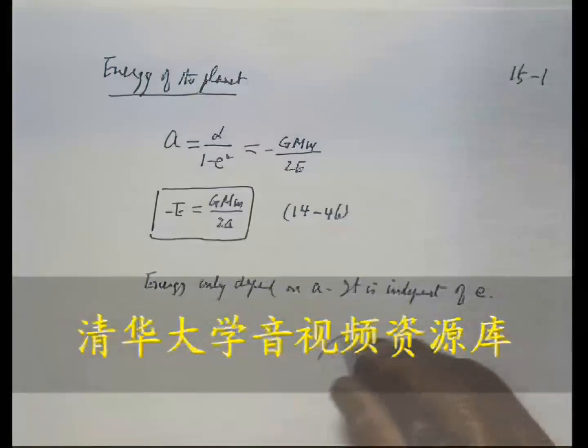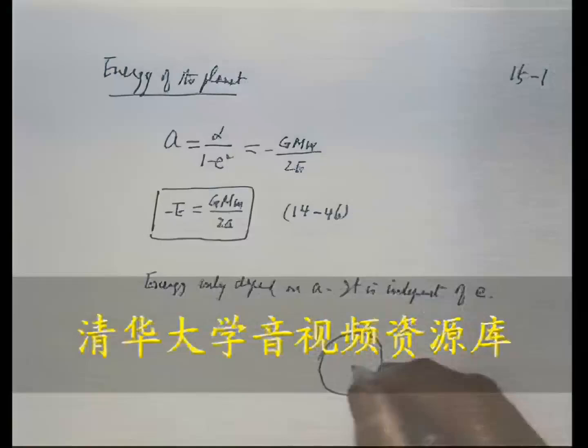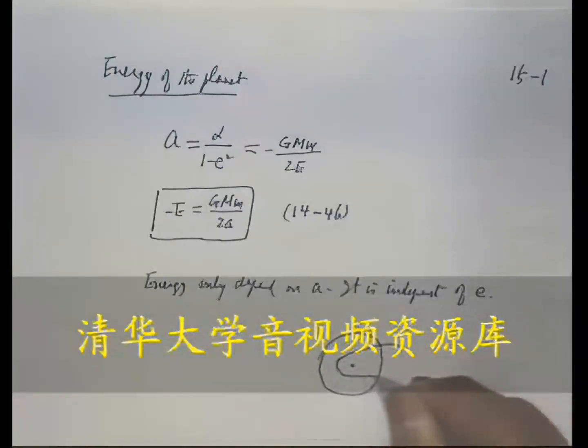So that means that a circular orbit and an elliptical orbit like this, if they have the same major axis, if the length of this ellipse is the same as the diameter of the circle, then they have exactly the same energy.